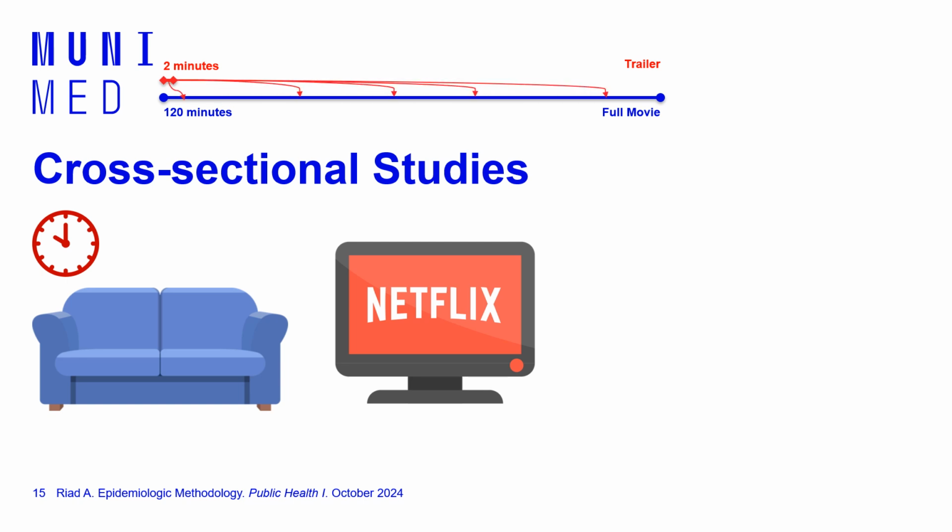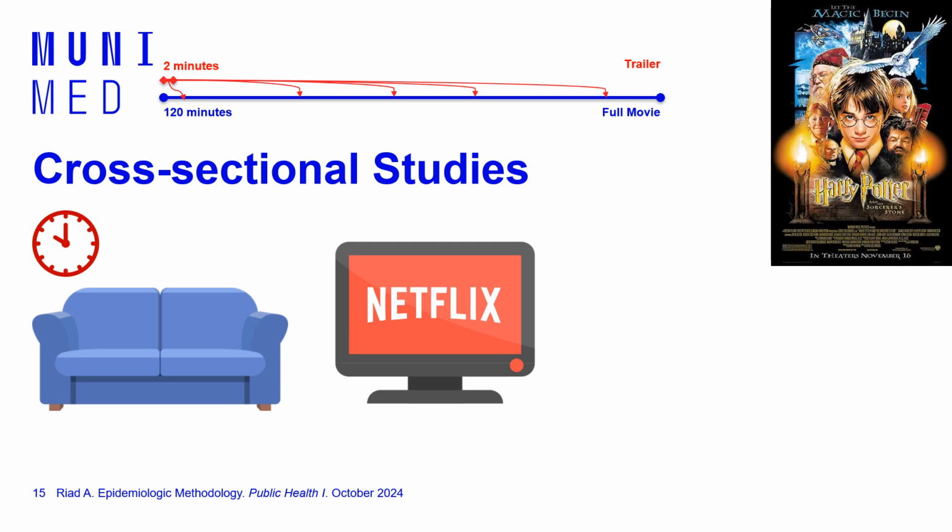For example, when you look at the trailer, you will see different scenes from the movie from different points that can help you get a general idea about the long movie. For example, here when you see the poster of Harry Potter, you can make a quick assumption that this movie is more or less about magicians or some fairy tales.